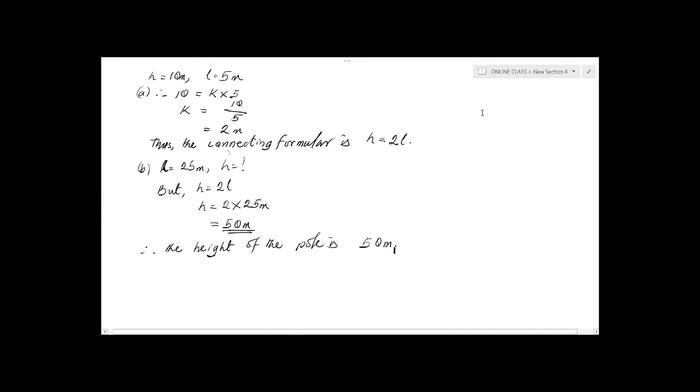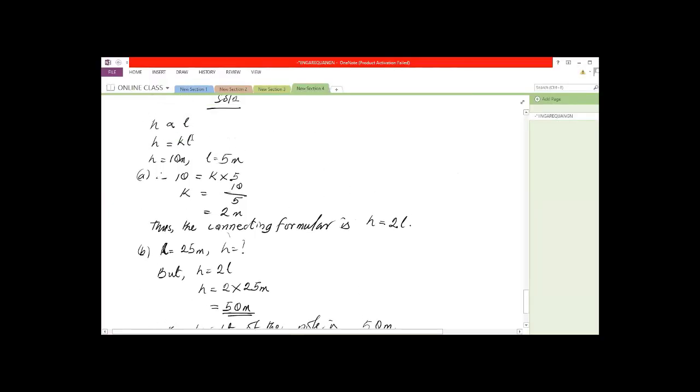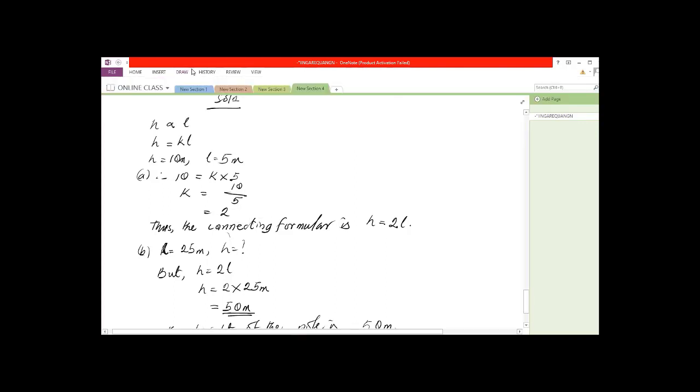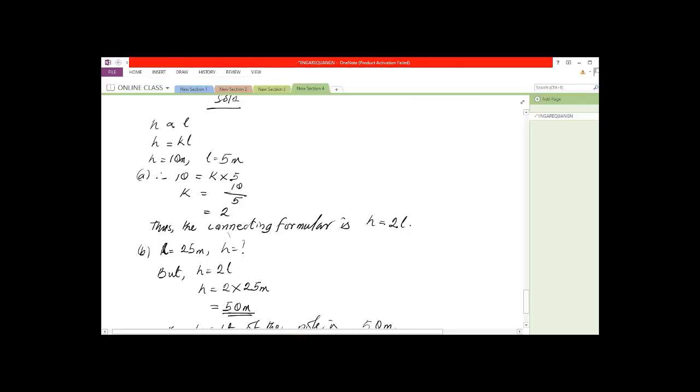You leave the letters, the variables, alone, and it is the K that you change. So it is H equals 2L, an ordinary 2, not 2 meters, because both of them have the same unit, so I remove that M. It has no unit.